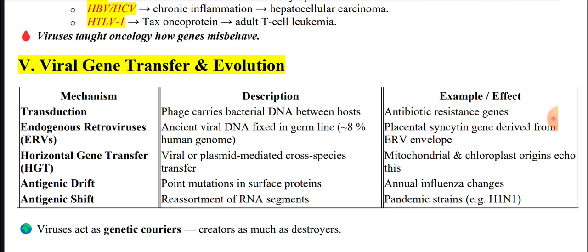It's derived directly from the envelope gene of an ancient retrovirus. Remember, envelope proteins are designed to fuse membranes, viral envelope to cell membrane. Our ancestors co-opted this viral fusion gene and repurposed it to fuse placental cells together to build this vital barrier. So, complex mammalian pregnancy depends in part on a hijacked piece of viral code. Essentially, yes. It's perhaps the most stunning example of infection being turned into essential biological innovation.